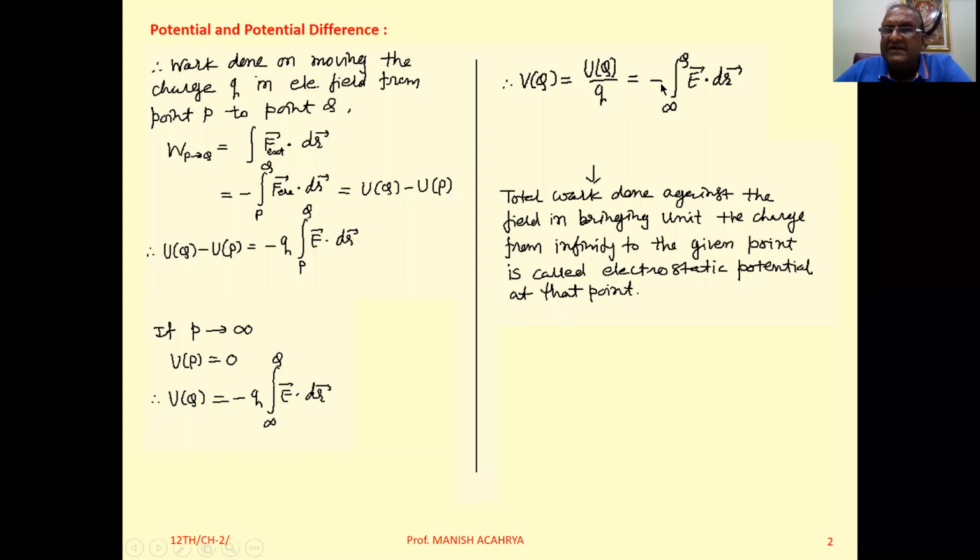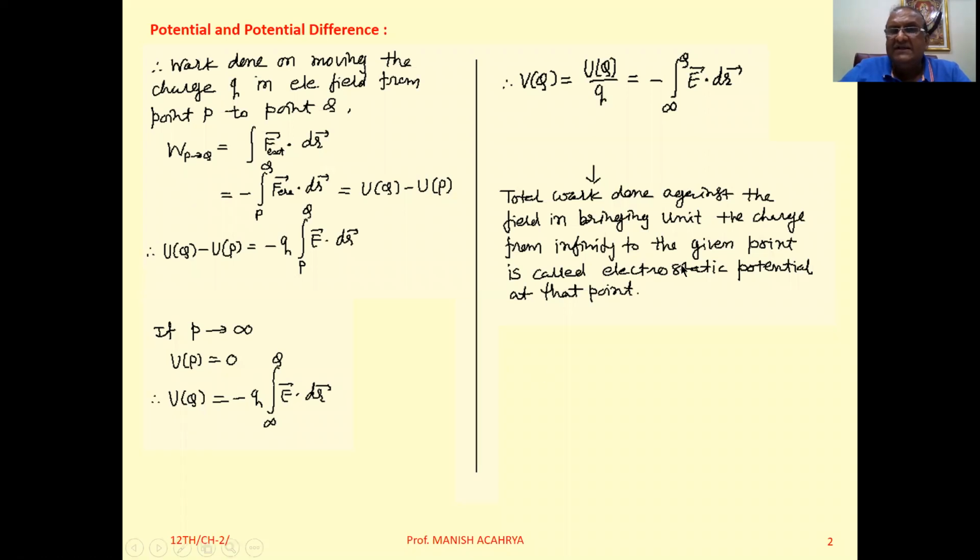So VQ is equal to minus integration infinity to Q E dot dr, which we can represent like this: the total work done against the field in bringing unit positive charge from infinity to the given point is called electrostatic potential at that point.